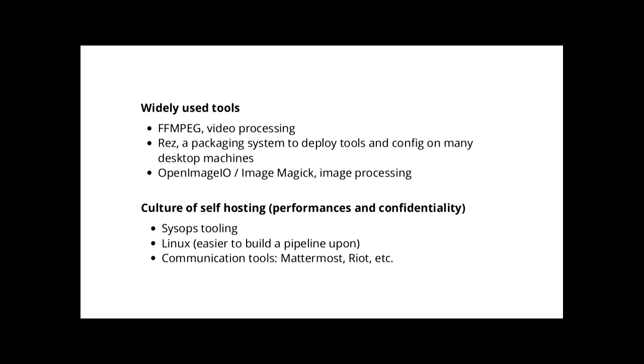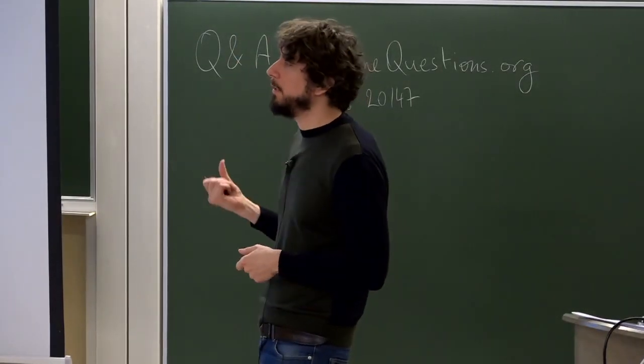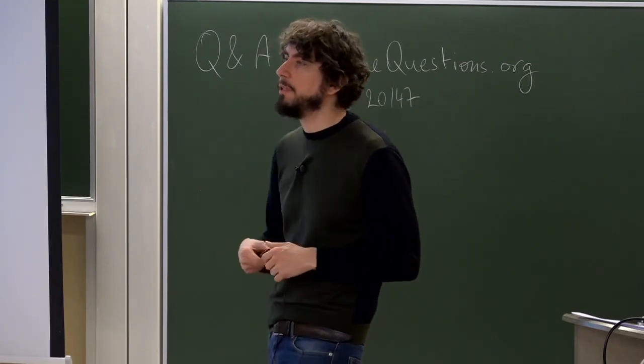And there are some image processing libraries that are used. Another interesting thing is that there is a strong culture of self-hosting. They don't want pictures to leak, and they always have an overloaded network, because all files are really big, and they need to watch a lot of video on YouTube as references.